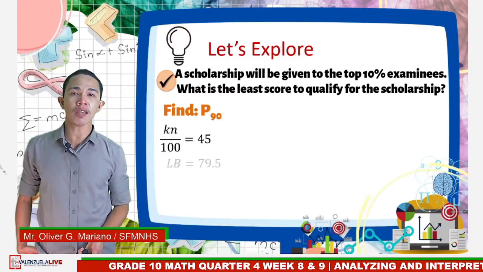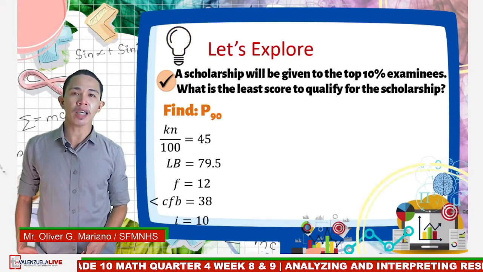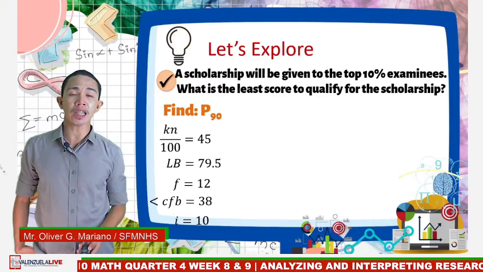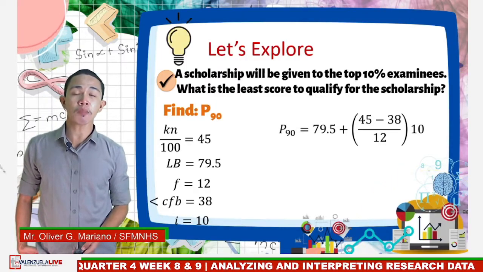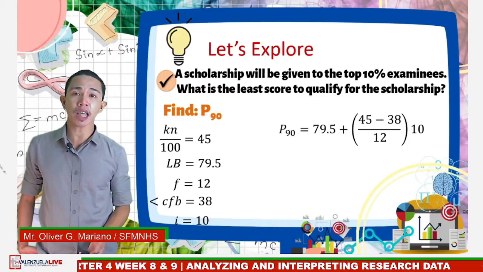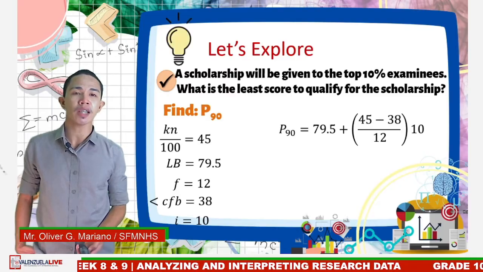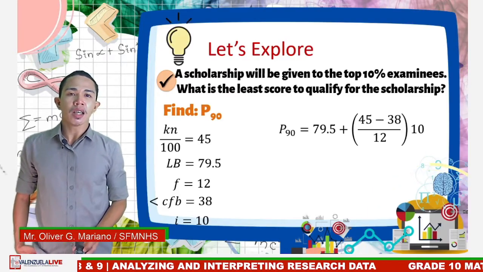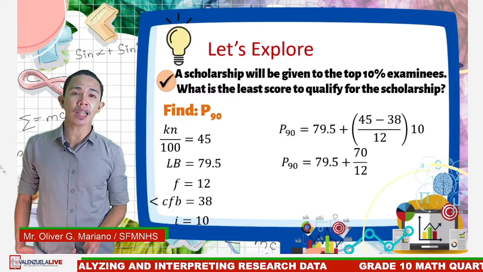Using all this information, we can now find the value of the 90th percentile. So the 90th percentile is 79.5 plus quantity 45 minus 38 all over 12 times 10. 45 minus 38 is 7 times 10, that is 70.